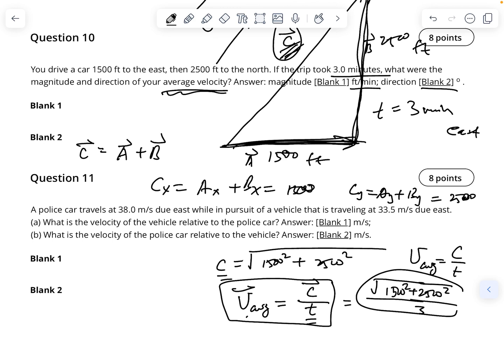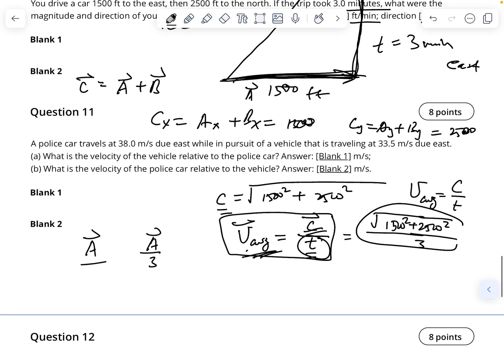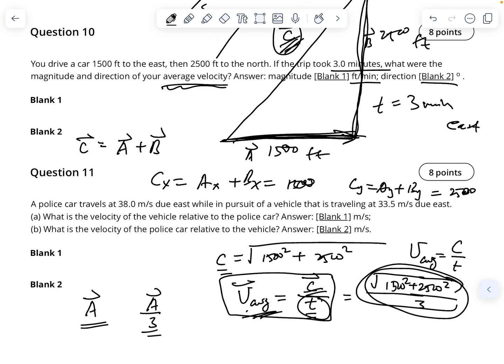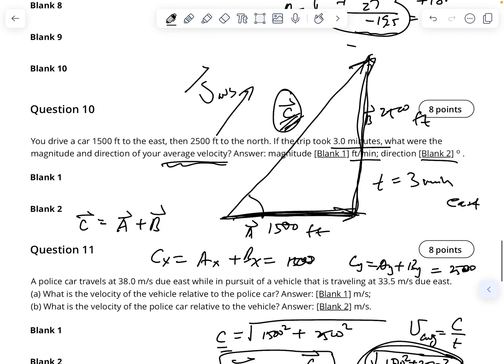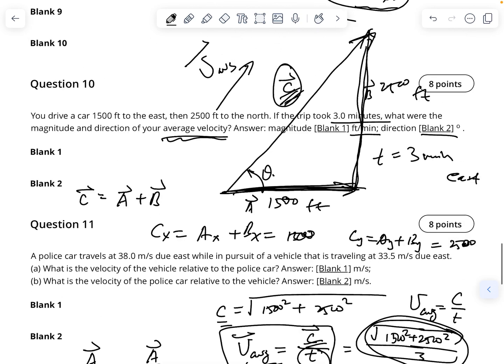Just like A and one third of A, those two vectors have the same direction, but the magnitudes are different. So theta equals the inverse tangent of 2,500 divided by 1,500.